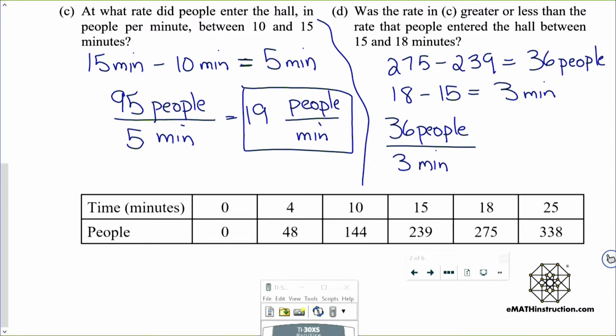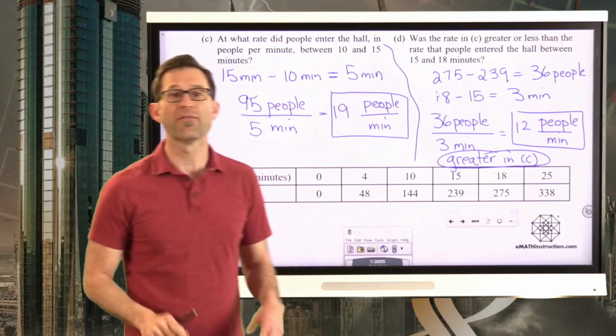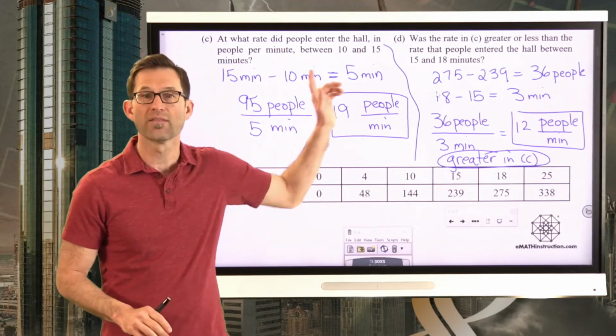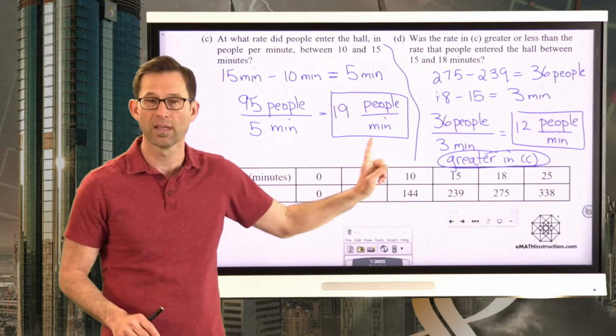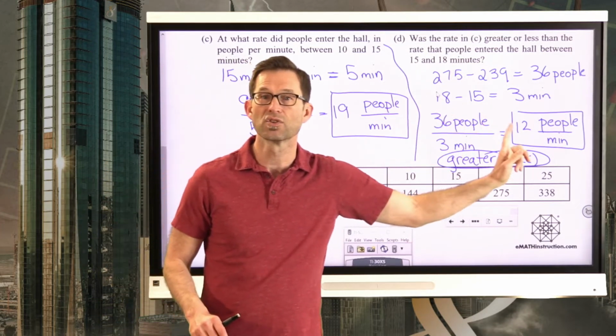And I can do that 36 divided by 3 in my head. I'll get 12 people per minute, which means that the rate in C was greater. In other words, people are coming in faster between 10 and 15 minutes, 19 people per minute, than they came in between 15 and 18 minutes, 12 people per minute.